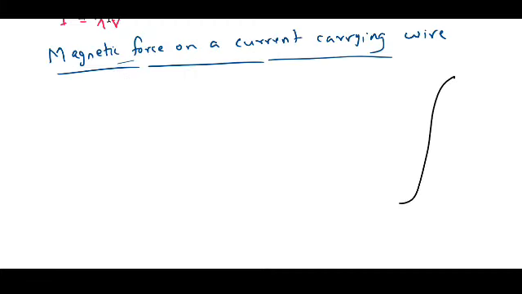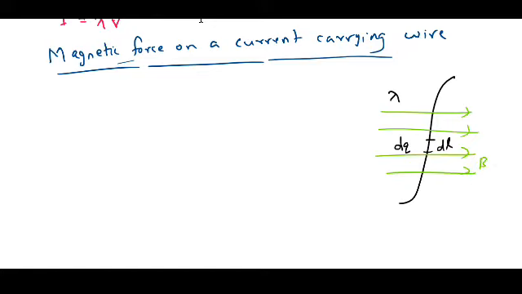Since our wire has charge density lambda, and in a small length element dl the charge is dq, if this wire segment is kept in a magnetic field B, then what is the force on this charge dq?